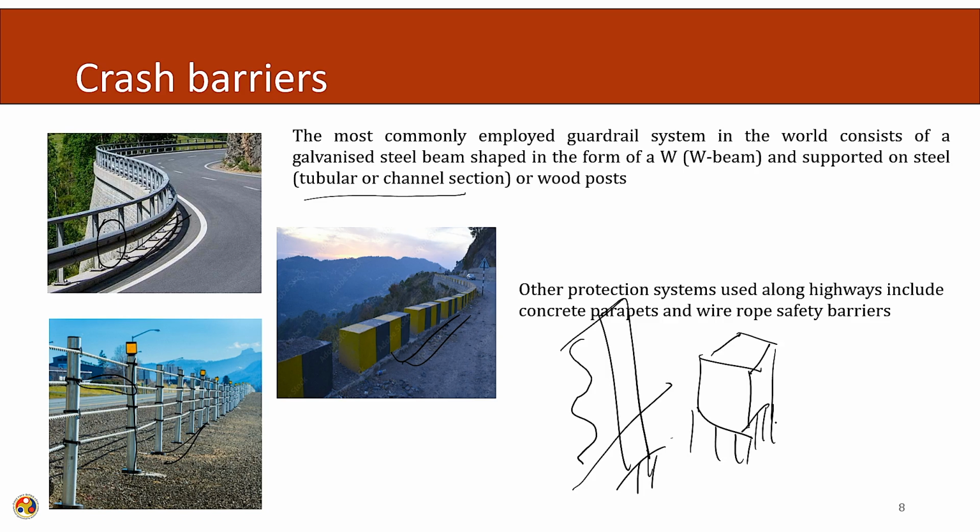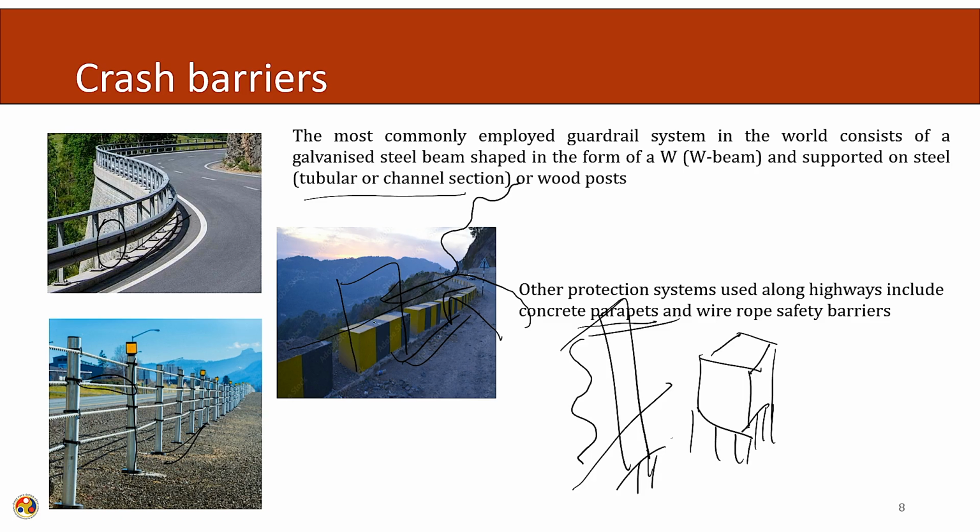Other protection systems used along highways include concrete parapets. These are the parapets that we were talking about. They form a continuous barrier along the side of the road, and this is normally employed in hilly areas, where there is a susceptibility of a vehicle veering off course and falling into the gorge.